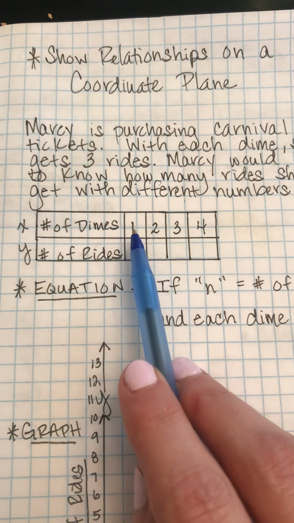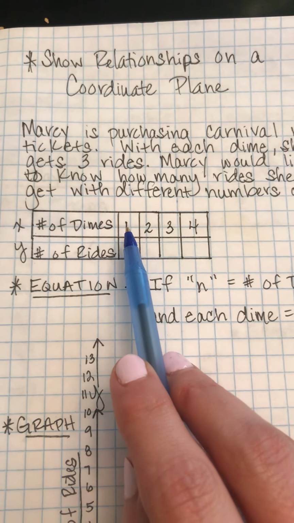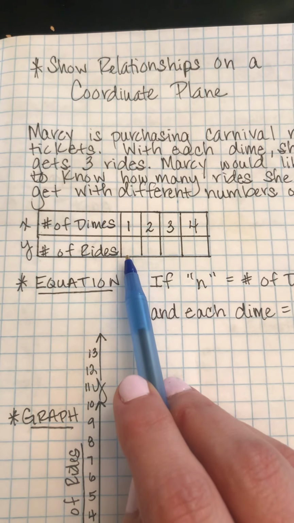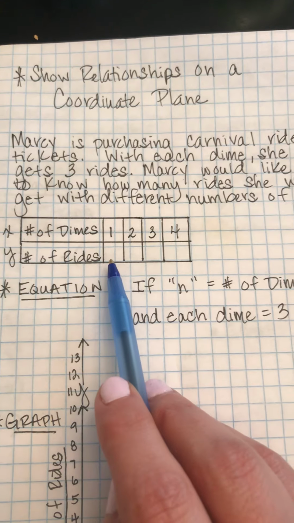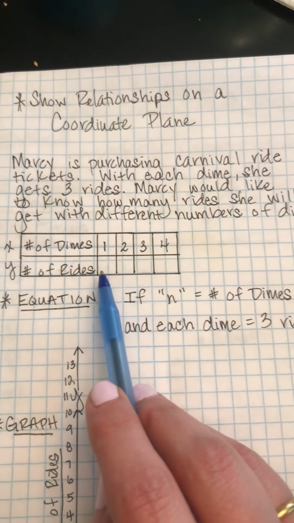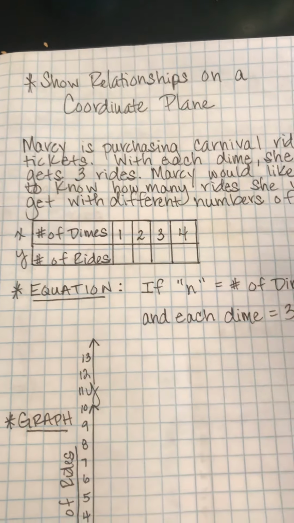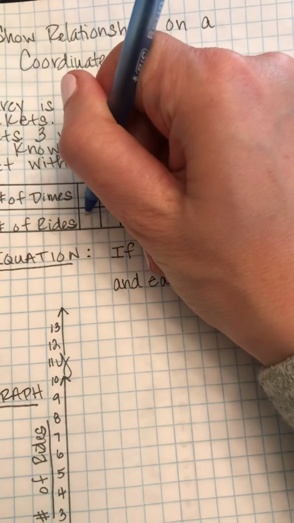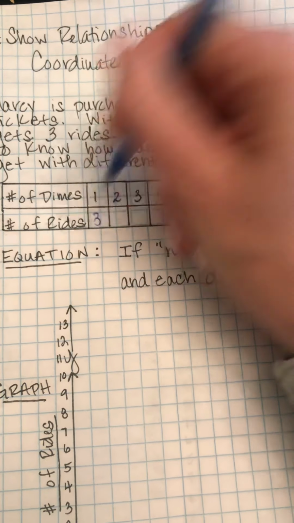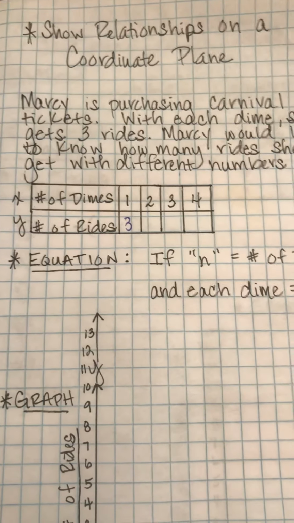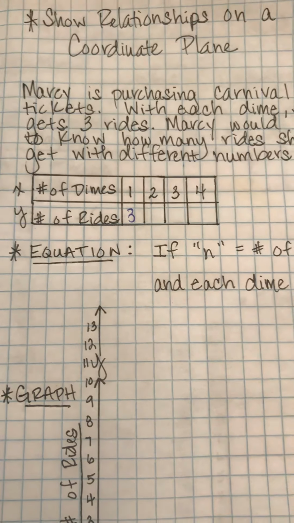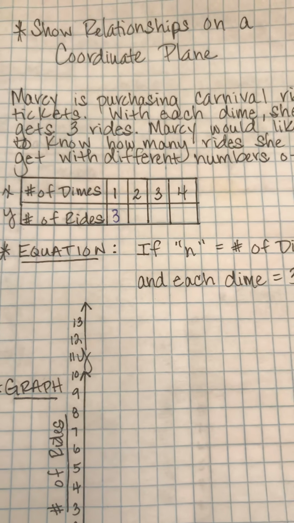So for each dime that Marcy has, let's try to remember how many rides she's going to get. If you look back in the problem, it says for 1 she gets 3 rides. Okay, now what if she has 2 dimes? How many rides will she get?